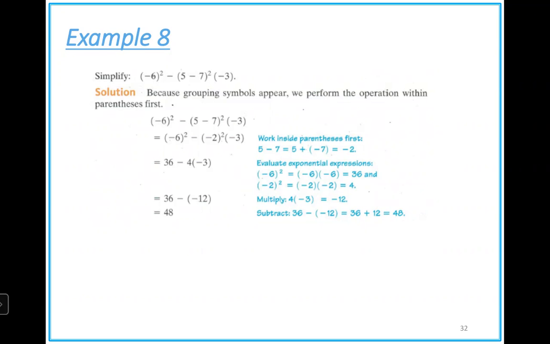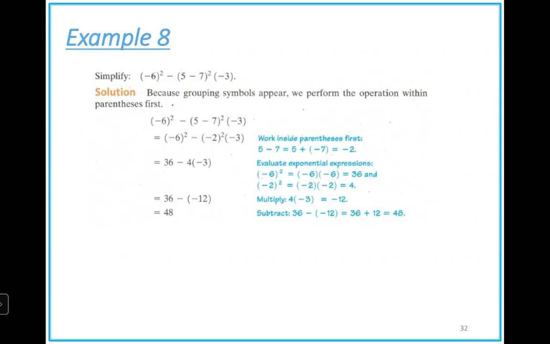Okay, so the -6, they just put the -6 in brackets, and that -3 is just a negative number in brackets. So it's not actually a grouping symbol. That's just a single number, but they wanted to make sure to distinguish it as a -3. So the only grouping there would be the 5 minus 7.